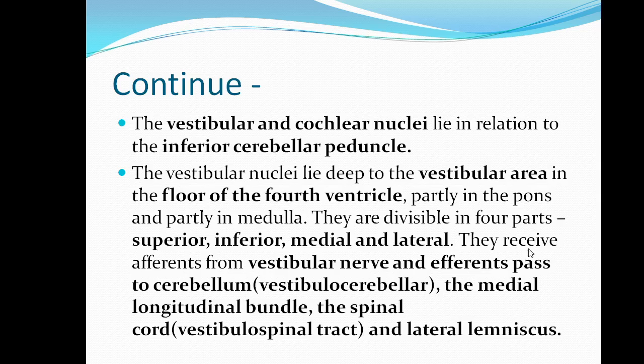They receive afferents from the vestibular nerve, and efferents pass to the cerebellum via the vestibulocerebellar tract, the medial longitudinal bundle, and to the spinal cord through the vestibulospinal tract and lateral lemniscus.